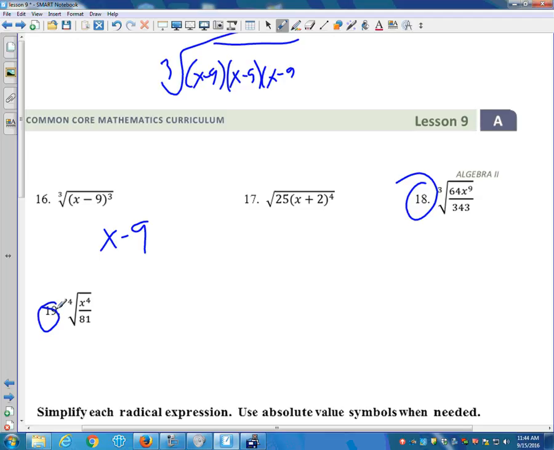So that's your top. 4x to the 3rd. Yep. Okay. Oh. That's it. Awesome.